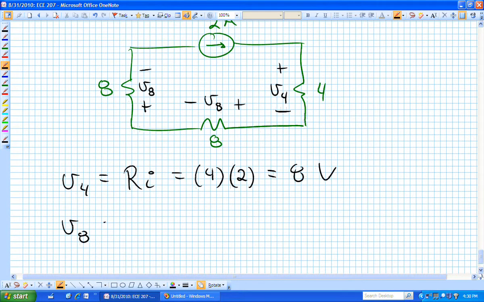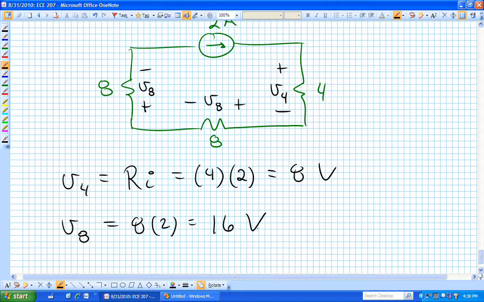What's V sub 8? R times I. It should, since the resistor is twice and the current's the same, the voltage drop should be twice what we just calculated, and it is.